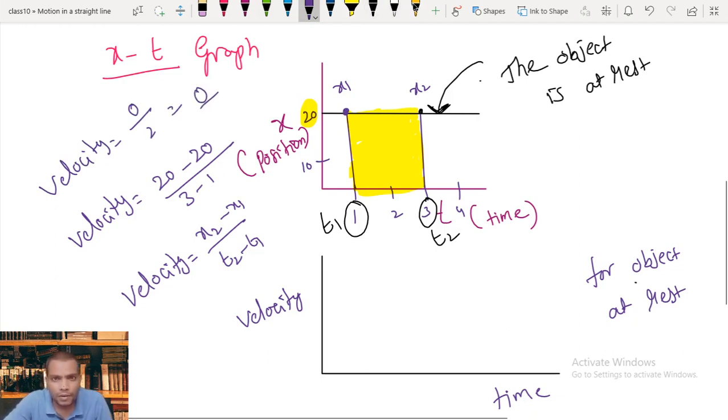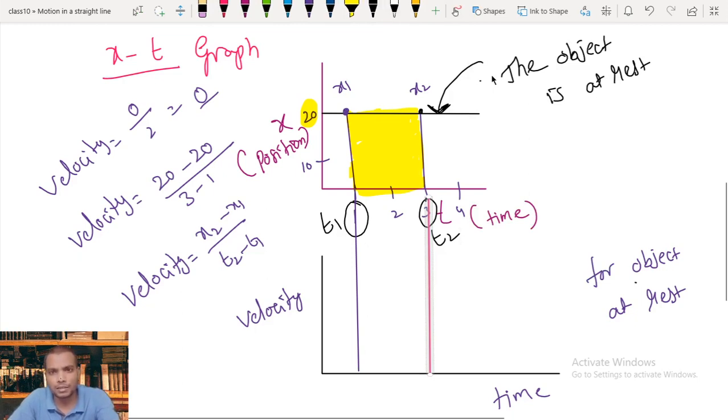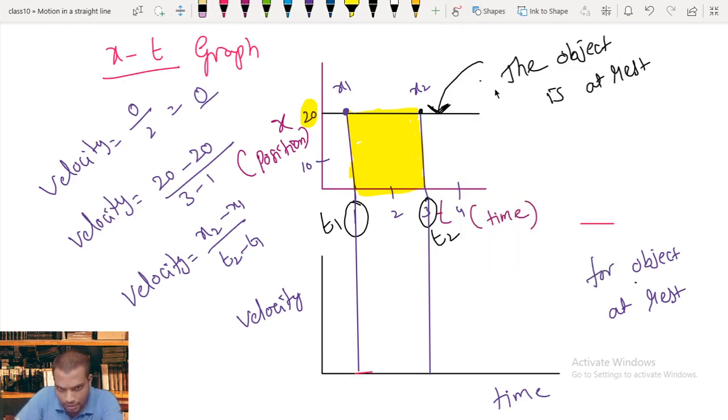It means if I draw the velocity in this segment, between the time t1 and t2, where should I draw? The velocity is 0, so I need to draw a line on the time axis. On the time axis, the velocity component is 0.